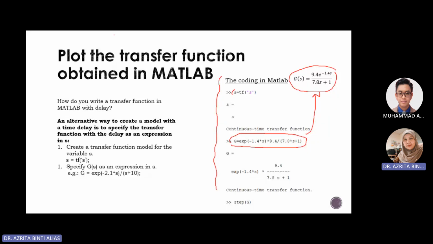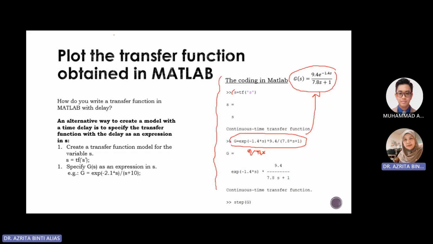So we have here 9.4 multiplied with exponential minus 1.4s. Okay, so I just put exponential first. You can also put 9.4 multiply exponential in the bracket minus 1.4 multiply with s. It will give the same answer. But in the MATLAB coding, the multiplication must be declared as a star.